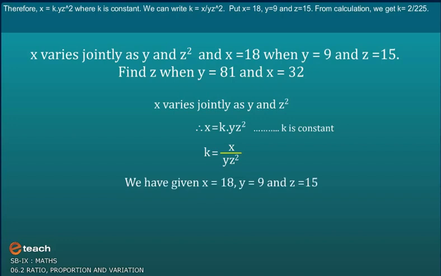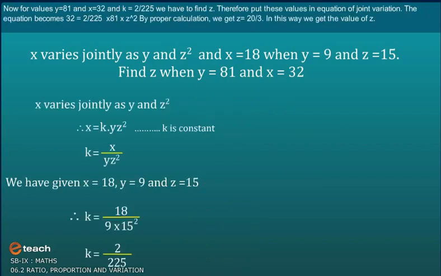Put x is equal to 18, y is equal to 9 and z is equal to 15. From calculation, we get k is equal to 2 by 225. Now for the values y is equal to 81 and x is equal to 32 and k is equal to 2 by 225, we have to find z.